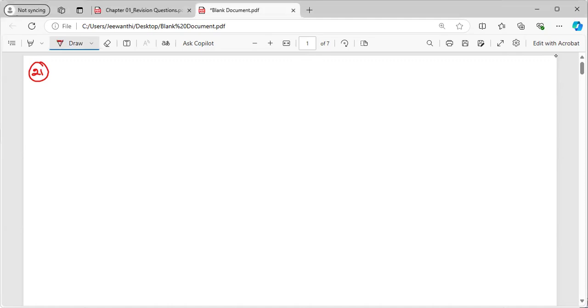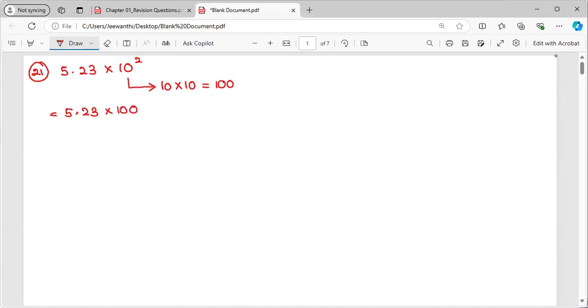So we'll see how we can do this. 5.23 times 10 to the power 2. First we will do this one, 10 times 10, it is 100. And then we have 5.23 multiplied by 100.